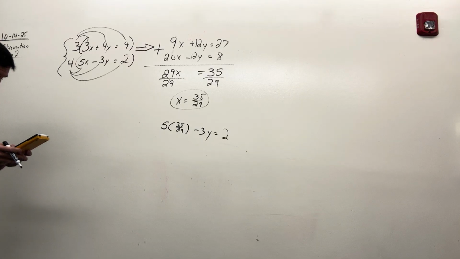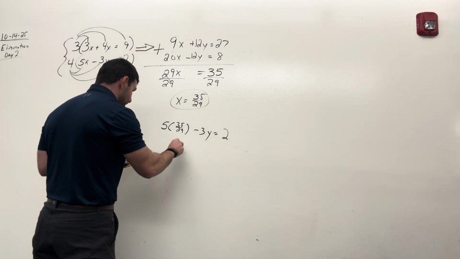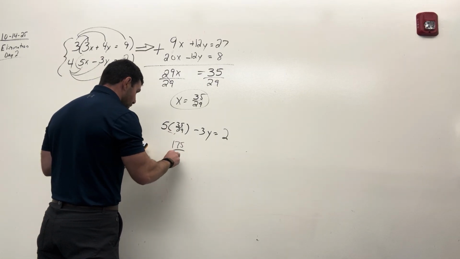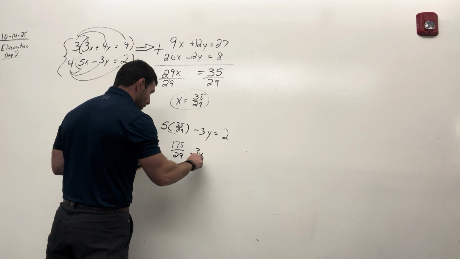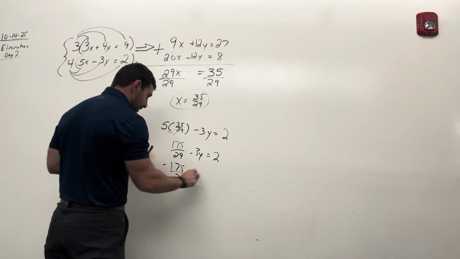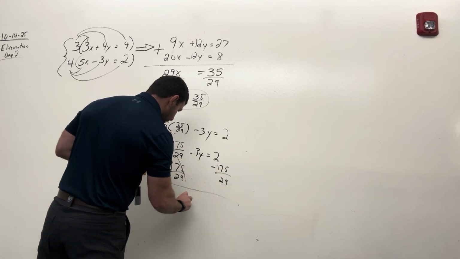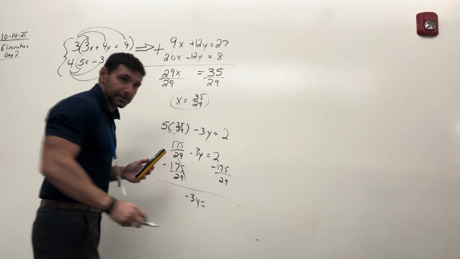So now we've got 5 times 35 divided by 29. Math, enter gives me 175/29 minus 3y equals 2. So now I'm subtracting 175/29 from both sides. That equals 0, so now I have negative 3y equals.